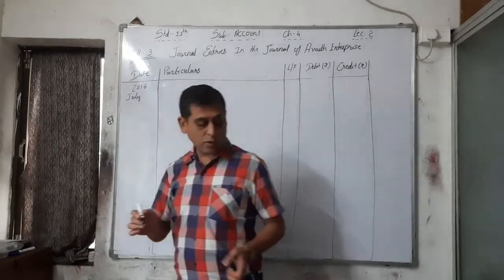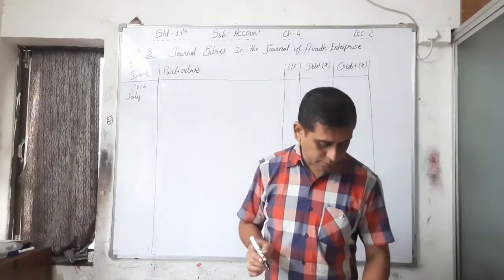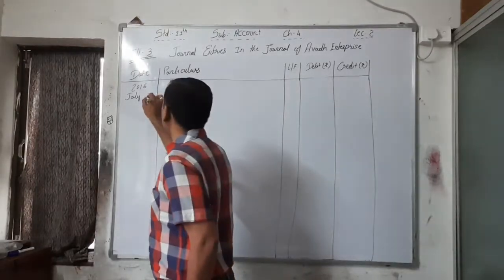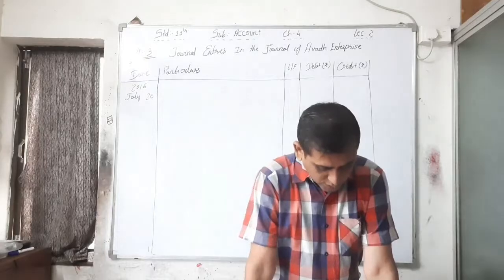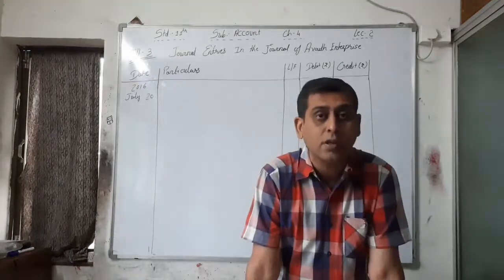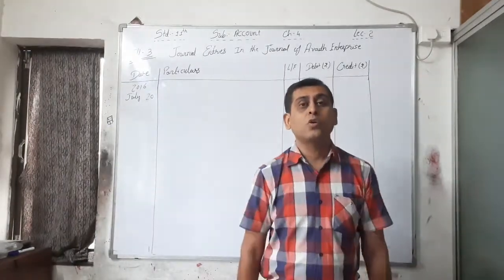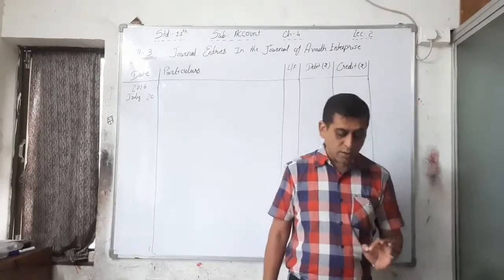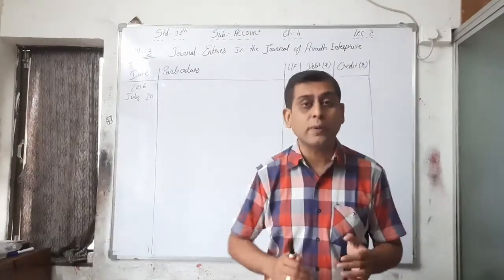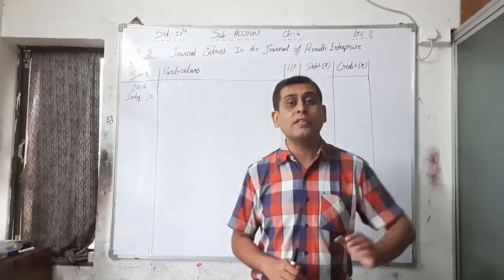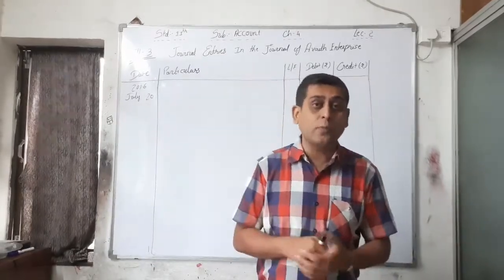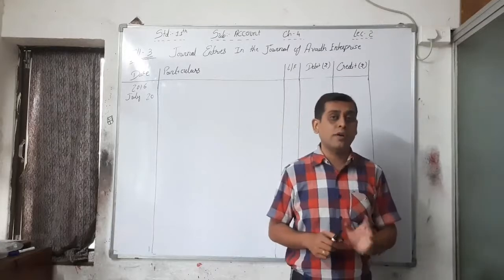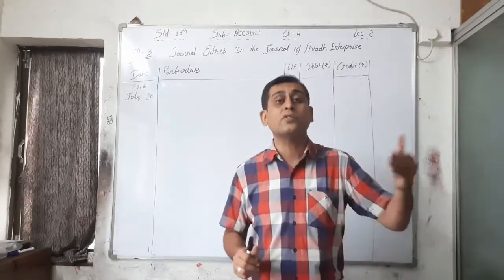Okay. Now the next date is 20. Withdrawn rupees 1000 from the business for personal use. See here, rupees 1000 is withdrawn for personal use, that is, cash taken from the business by the owner, rupees 1000 for their personal use.